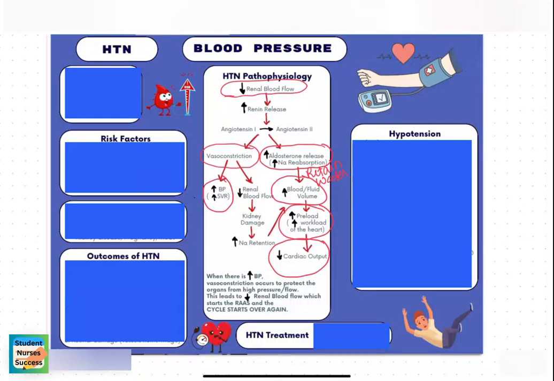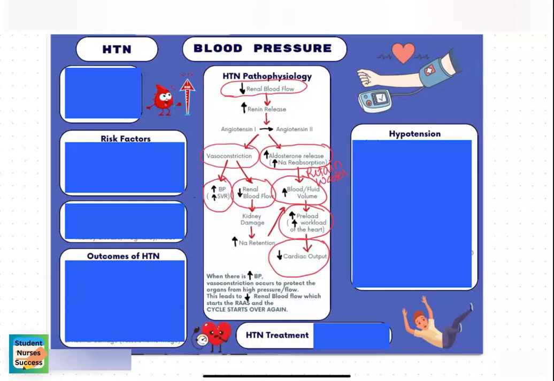We also know that when you vasoconstrict and your blood pressure goes up, your body's response is to protect its organs. So it's actually going to end up vasoconstricting and decreasing renal blood flow as well. And we already had that to begin with.